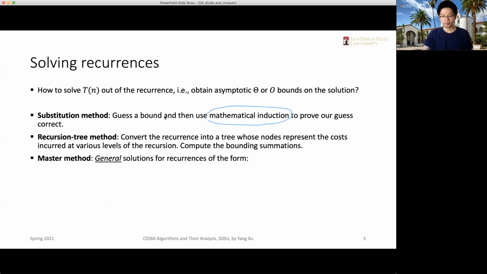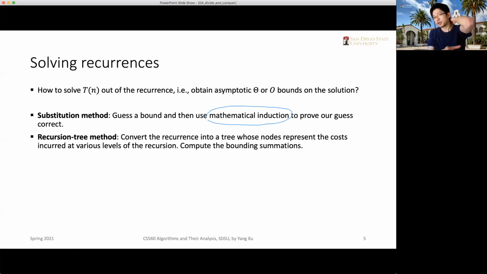The second method is the recursion tree method. This is the method we showed in the merge sort example, where we convert the recurrence into a tree structure. Remember, we wrote the root node c n and did the splits.